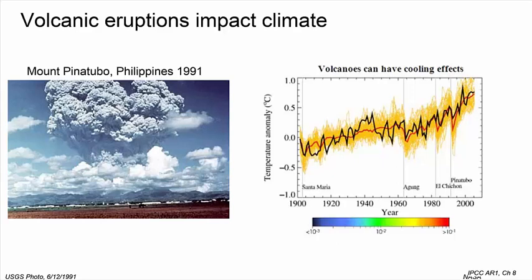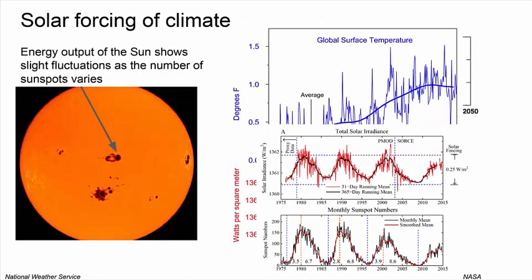The other climate forcing mode of external variability is from the sun. It was discovered that you have sunspots on the sun, and that the number of sunspots is related to solar output.